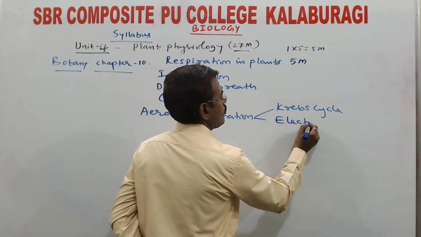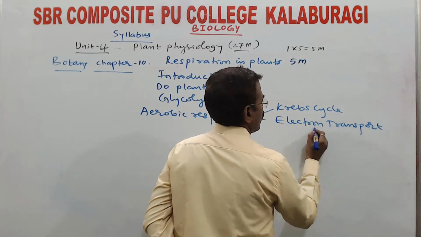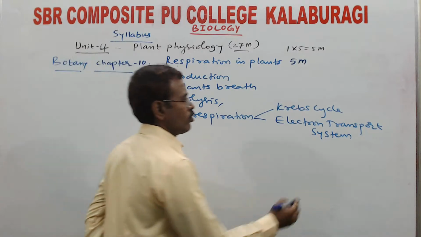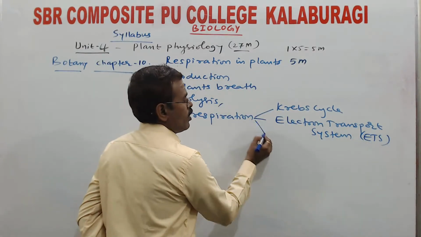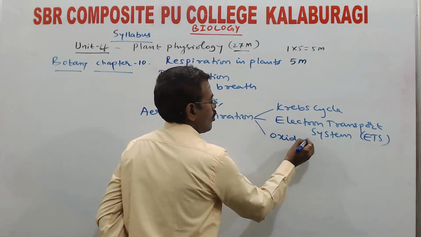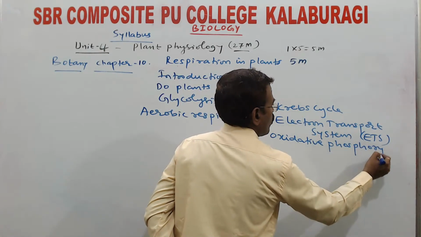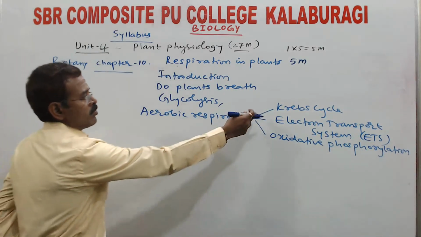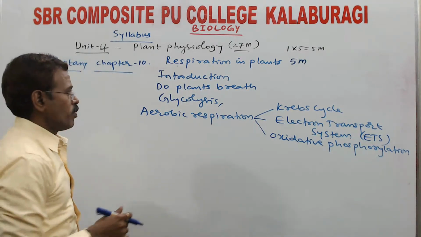Then electron transport system, ETS. The electron transport system is accompanied by oxidative phosphorylation. These are the various steps mainly in aerobic respiration.